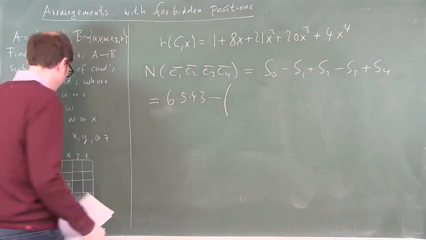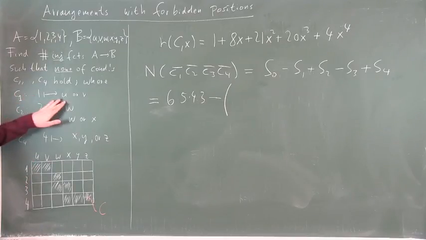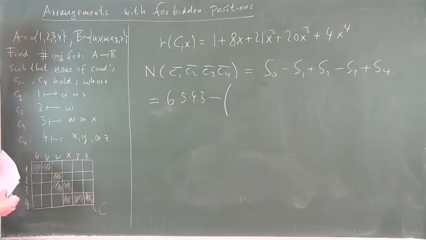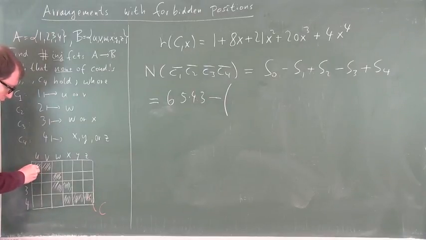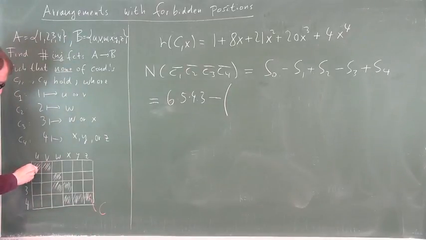So let's just look at n of C1. N of C1 denotes the number of injective functions where 1 goes to u or to v. Okay, so let's pick just one of them. Let's say 1 goes here. Now, what about the other ones?